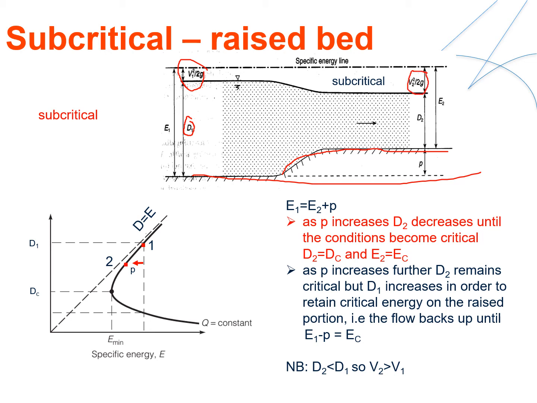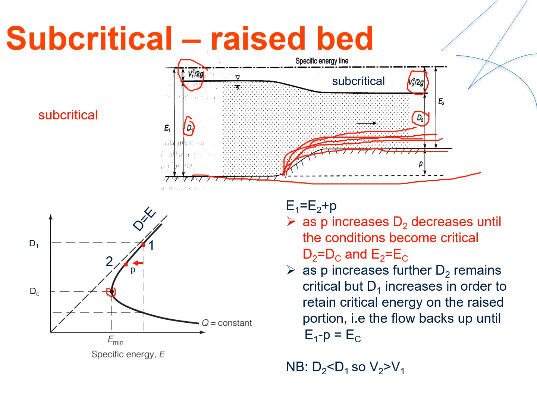Velocity increases as we increase the bed level. If we increase it further, the depth will continuously decrease and velocity will continuously increase up to a point where it reaches critical.